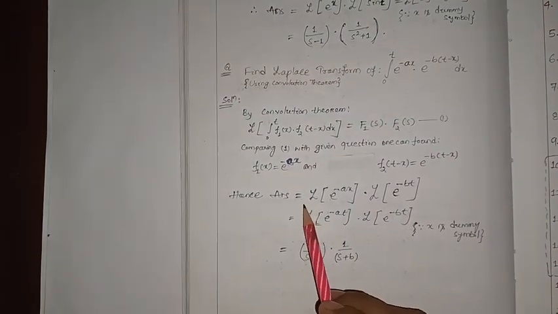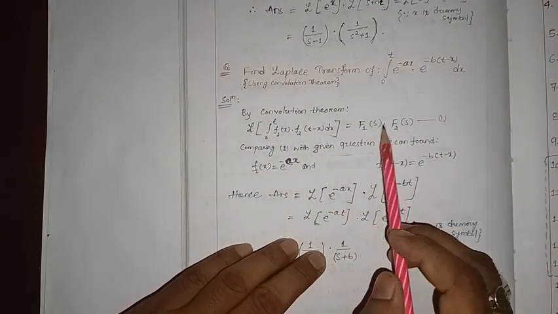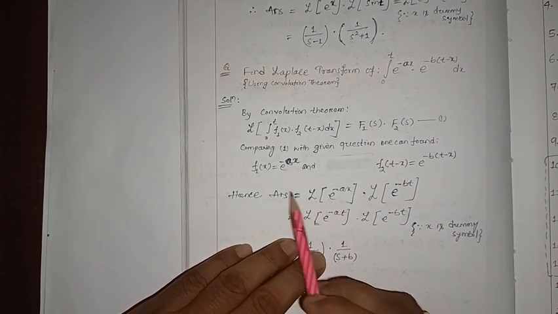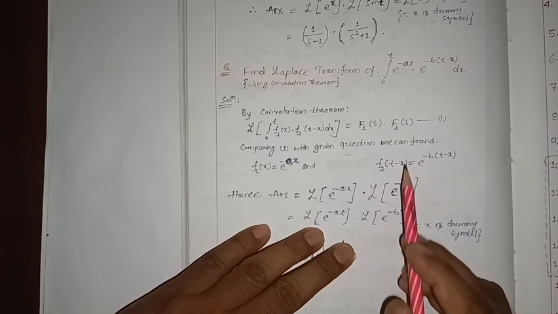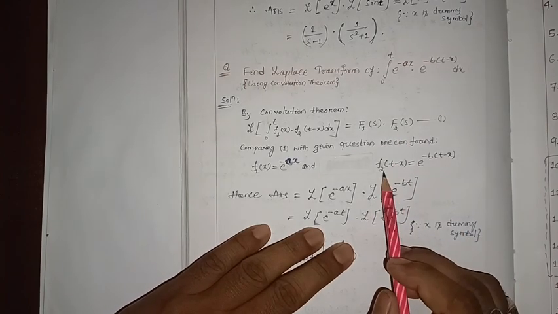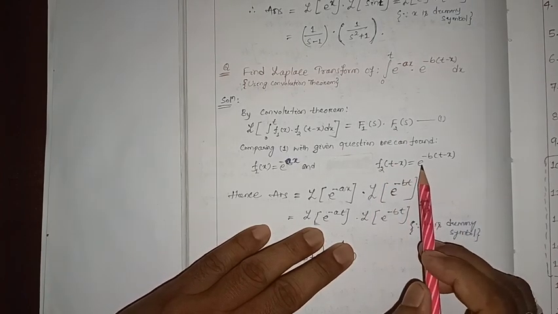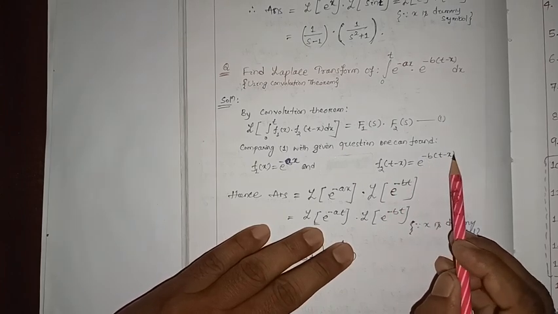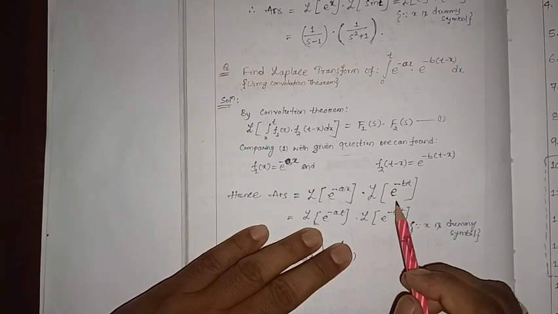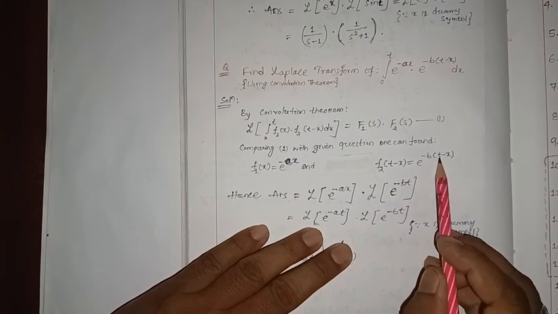So F1(s) is the Laplace transform of this one, and F2(s) is the Laplace transform of f2(t). f2(t) only means e^(-bt).